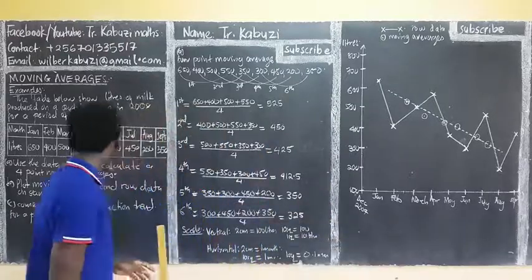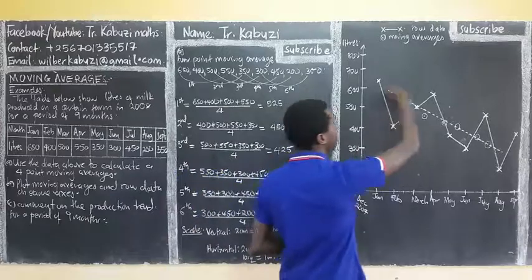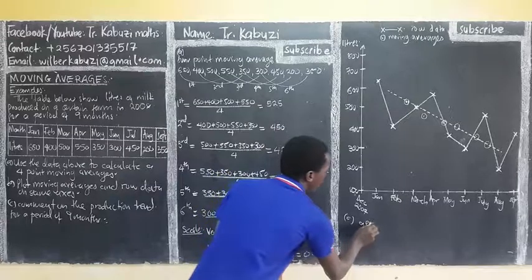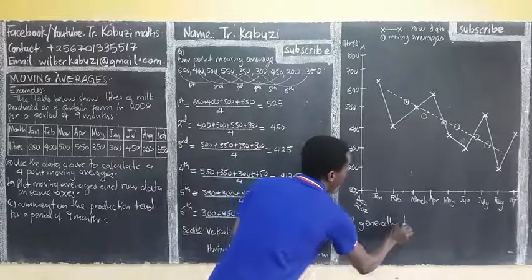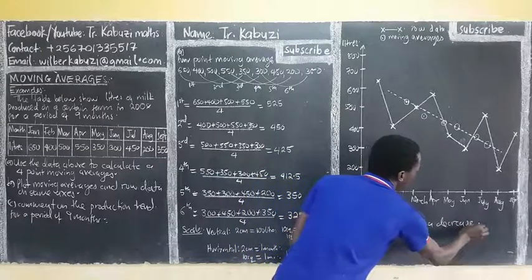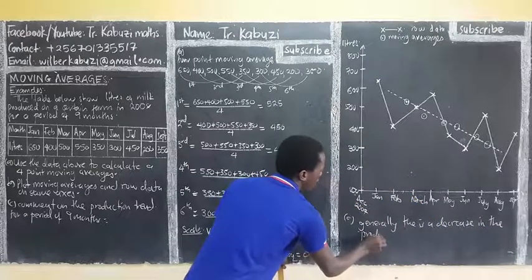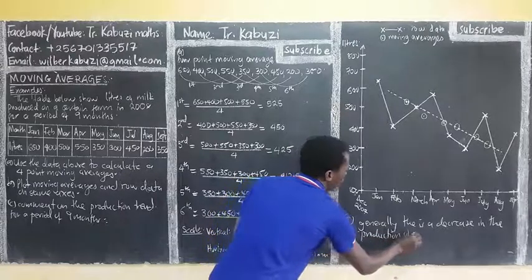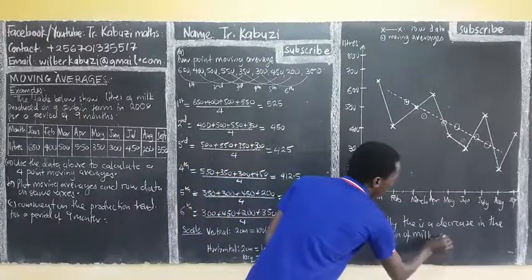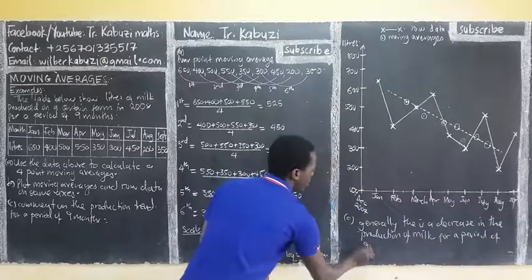Now in part C, where they're telling us to comment on the production, you say generally there is a decrease in the production of milk for a period of 9 months.